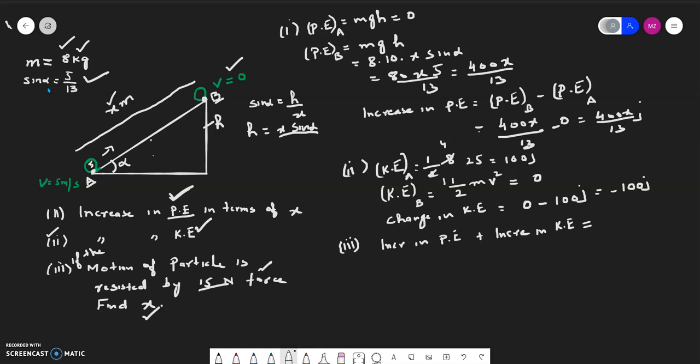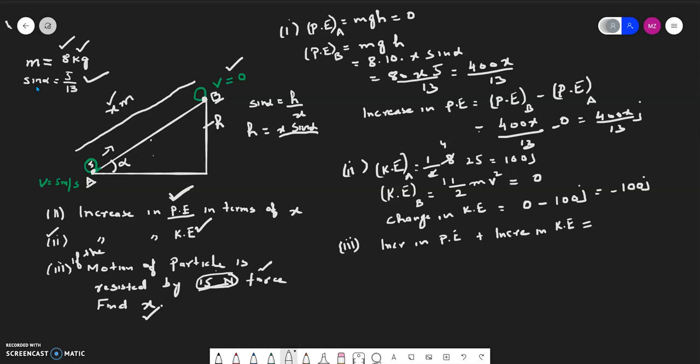Now we are given only one force, and that is 15 Newton. So we need to find the work done by this force, which is resisting the motion of the particle. Since it is resisting the motion, the displacement and its direction will be in the opposite side.